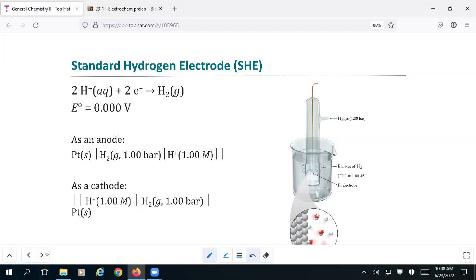Now, it might seem arbitrary, but the order here is important. Because remember, we're talking about the flow of the electrons. So if we're acting as an anode, we need to be getting more positive. The electrons need to be leaving the hydrogen. So that would mean that we're going from the hydrogen element to hydrogen ions. That's why they are written in that order. Because we can see the oxidation state is going from 0 to +1 there.